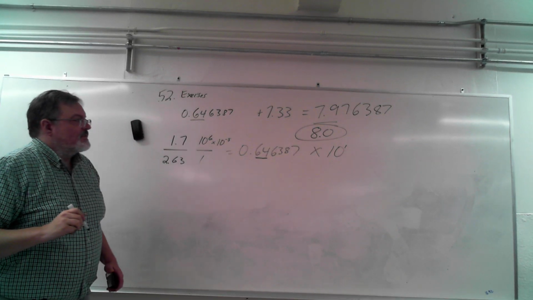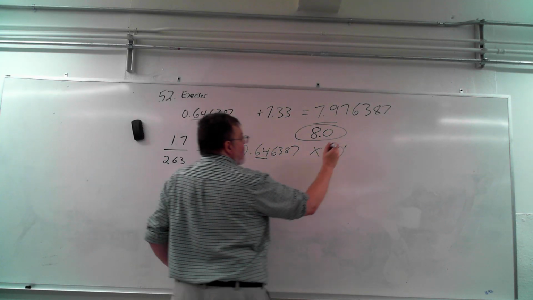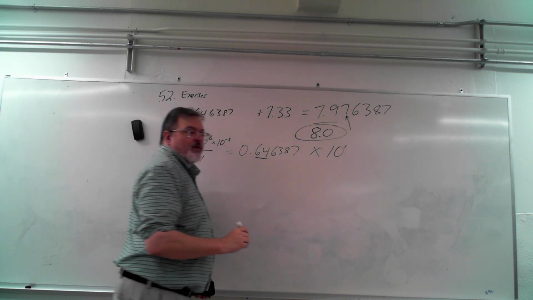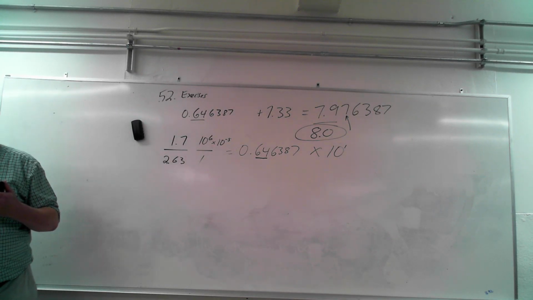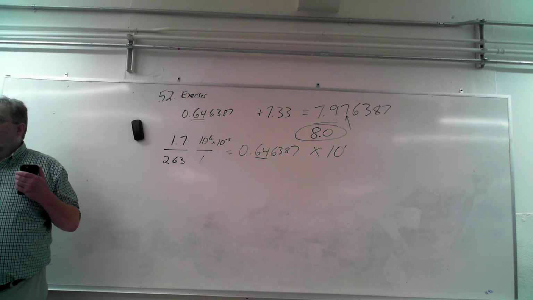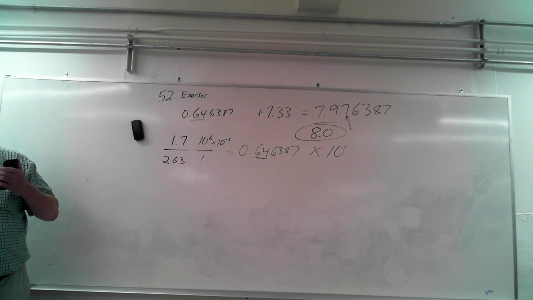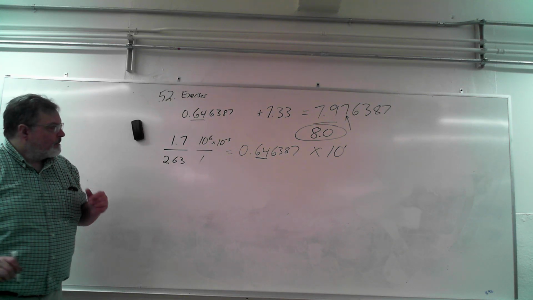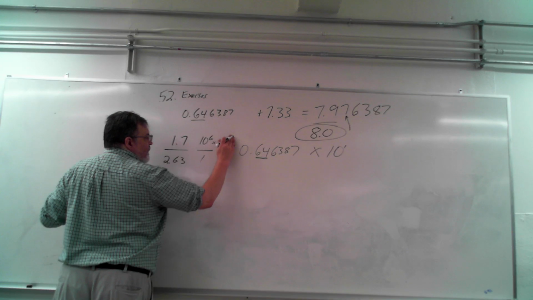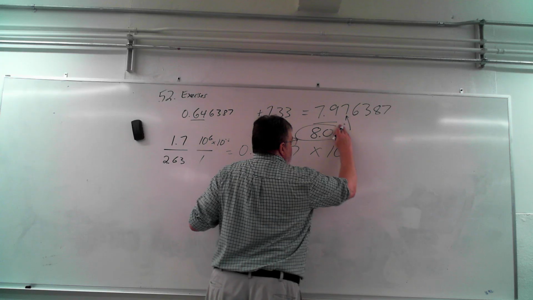That's the answer, because the 7 rounds the 9 up. You guys okay? What did you do for 10 to the 1? The 10 to the 1, oh, I forgot the 10 to the 1. Thank you.